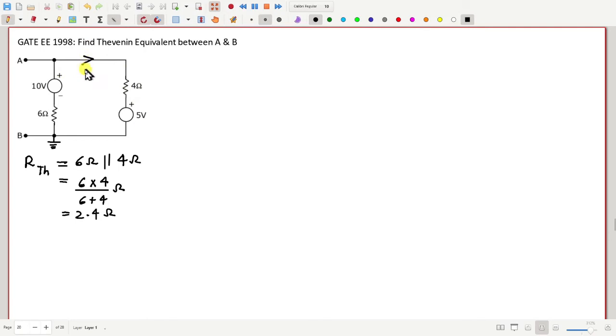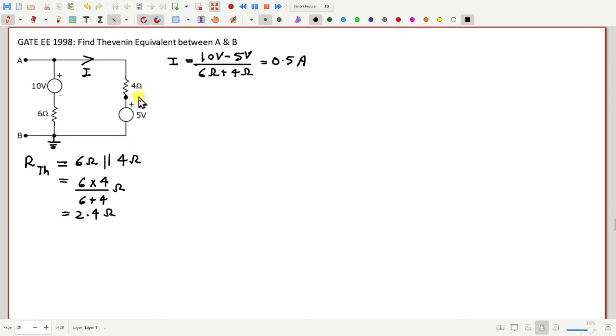let me first find this current I. How much is I? Equal to 10 volt minus 5 volt by 10 ohm, that is 6 ohm plus 4 ohm. So that is 5 by 10, 0.5 ampere.